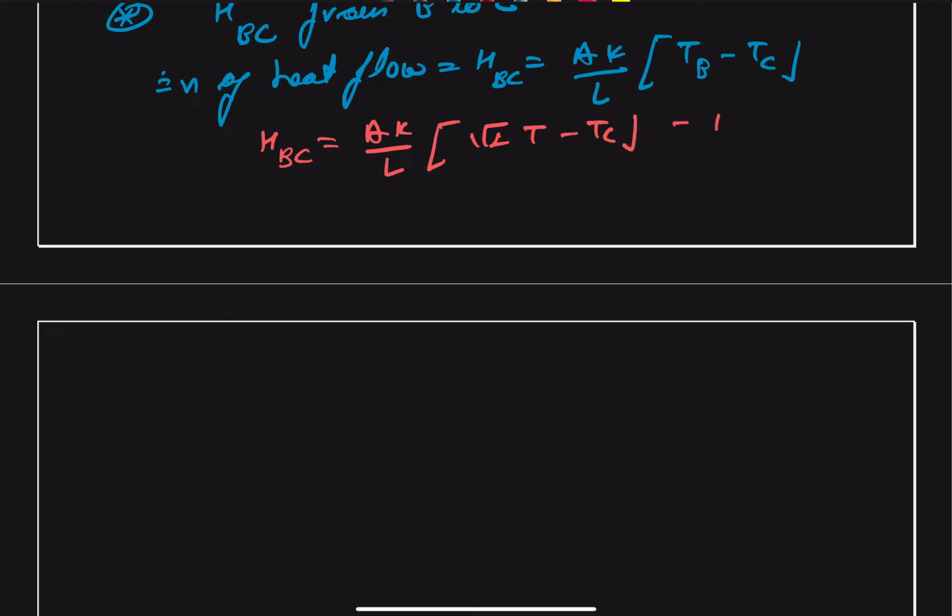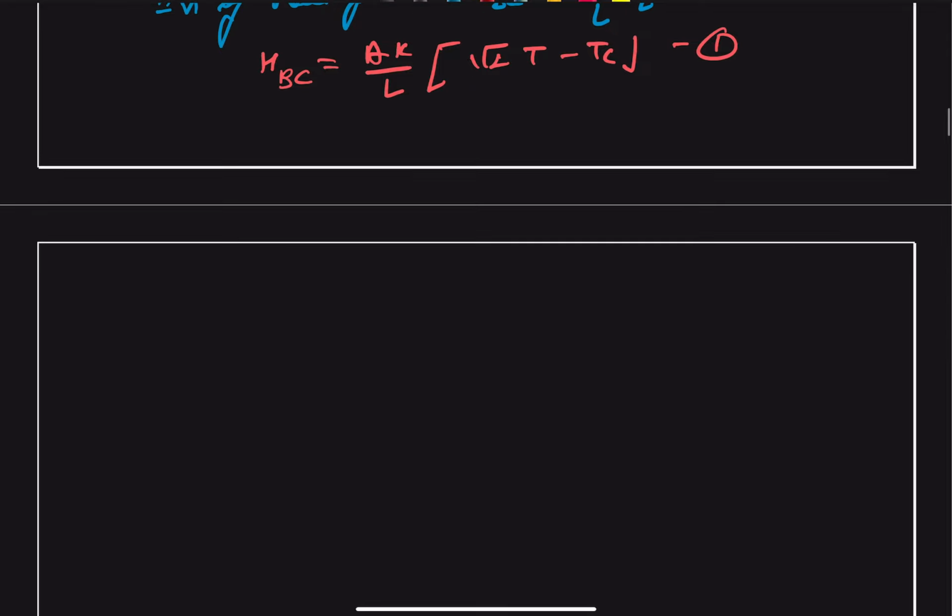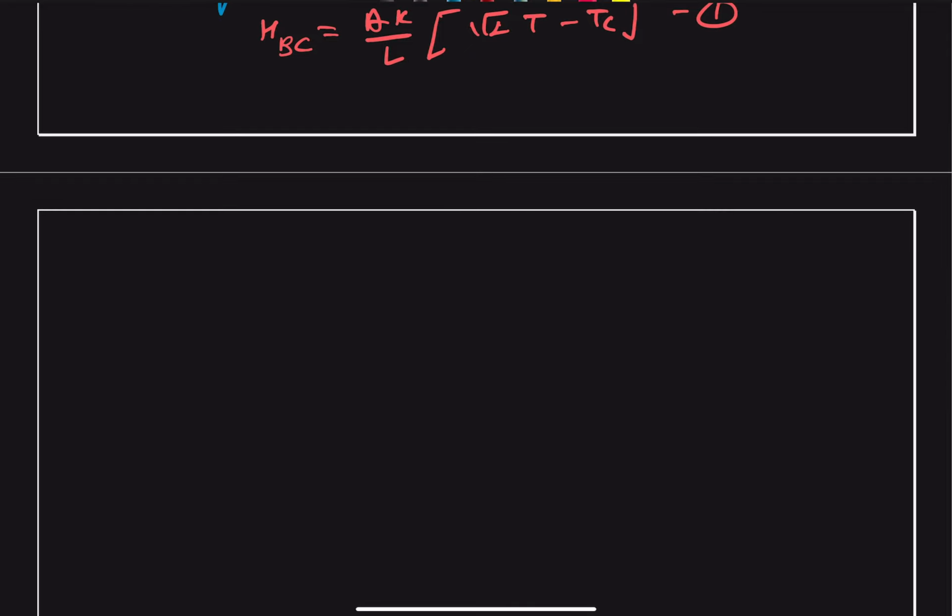Similarly, we write the equation for rod CA, because now the path is for CA.